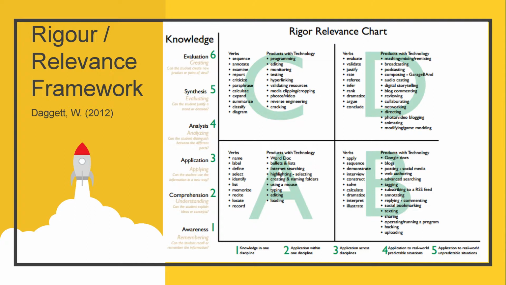But if you're someone who generally does the entire taxonomy levels, but your application level is still largely in knowledge within one discipline, within those two categories, then you would be going from A to C and then B to D. But then again, there is no real right or wrong.